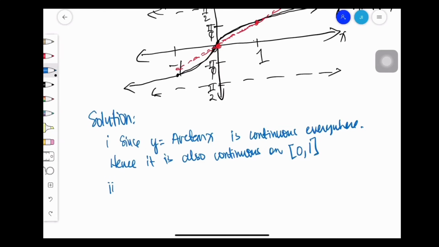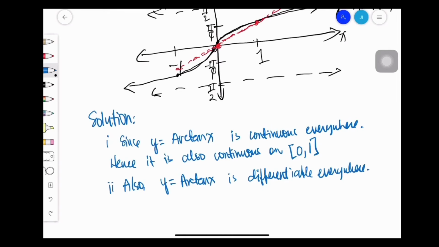Also, y equals arctangent x is differentiable everywhere. This implies that it is differentiable on the open interval 0 to 1. Very good.